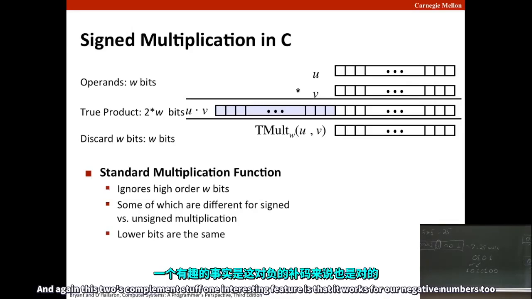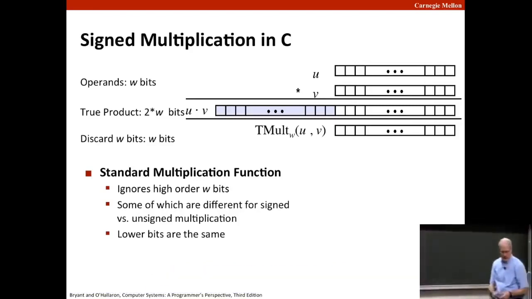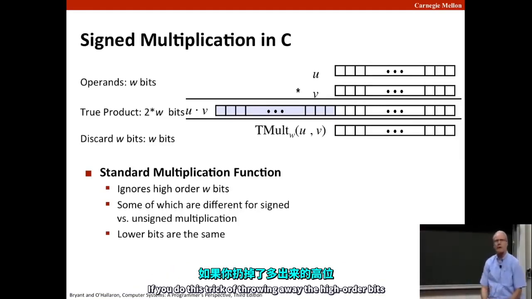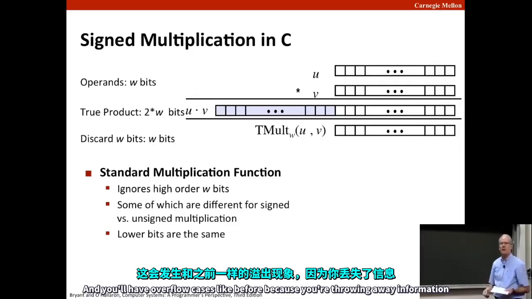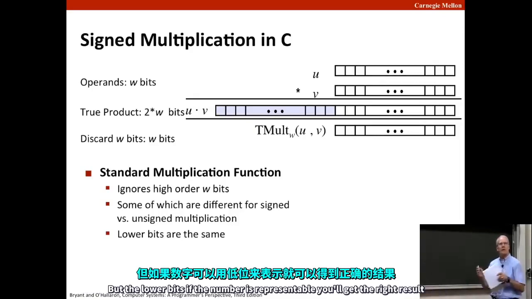And again, this 2's complement stuff, one interesting feature is that it works for negative numbers too, if you do this trick of throwing away the high order bits. And you'll have overflow cases like before because you're throwing away information. But the lower bits, if the number is representable, you'll get the right result.